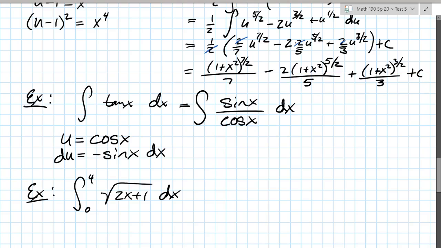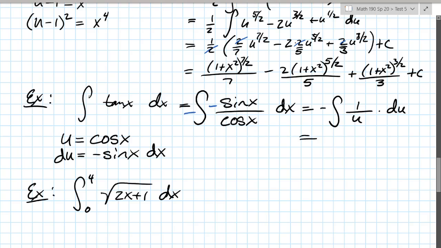So the derivative of cosine x is negative sine x. You'll see that I'm missing a negative, so I'll multiply by a negative, and I'll multiply by another negative. Now the whole numerator is my du, but the denominator is u. So I've got negative integral 1 over u du.